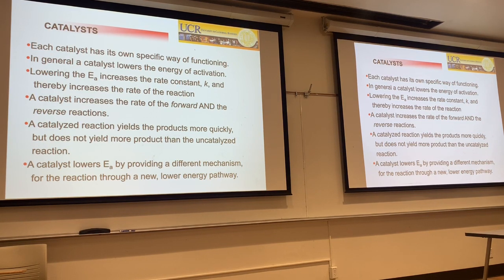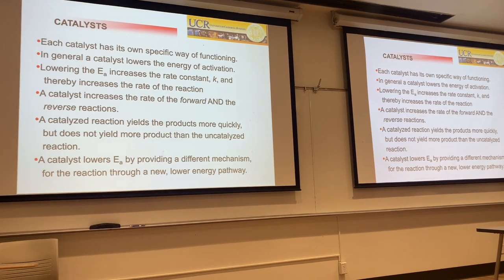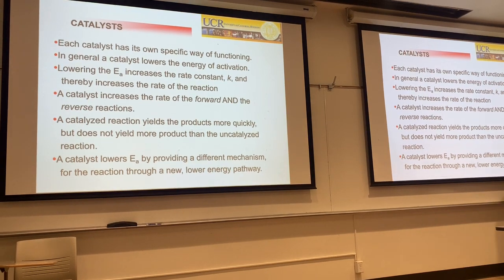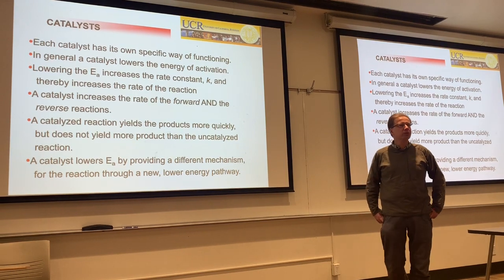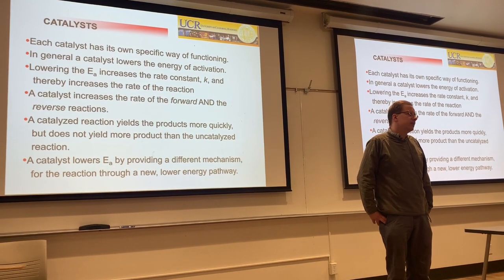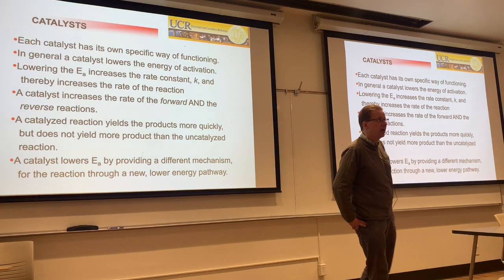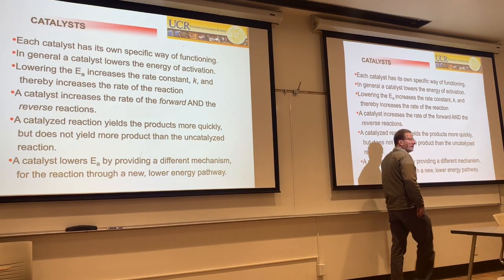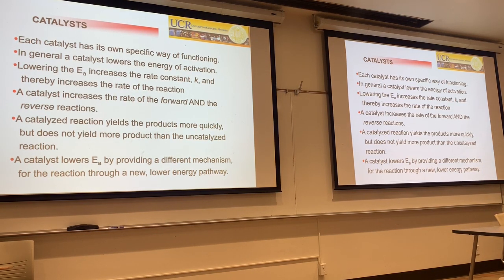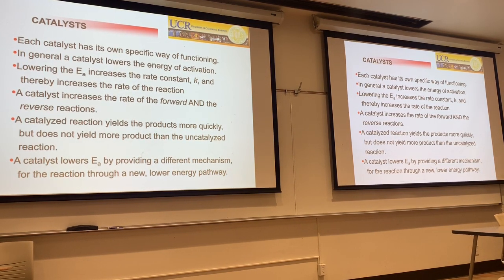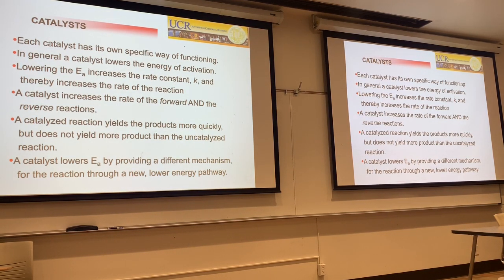Because as you remember, delta E over kT is what determines the rate of a reaction, and the catalyst provides a lower activation energy in reality, so the delta E becomes smaller, but you can think about it also as the T becomes larger and then the delta E divided by kT also becomes smaller. So think about a catalyst as added temperature to a reaction, and you will probably get a good feeling of what the catalyst will affect.